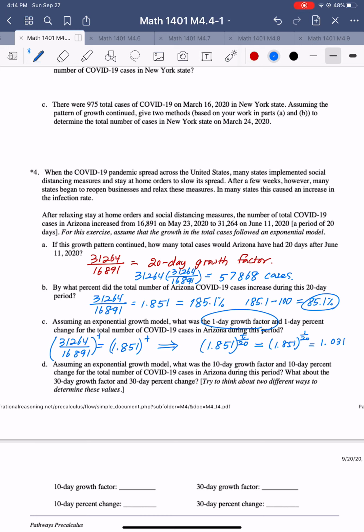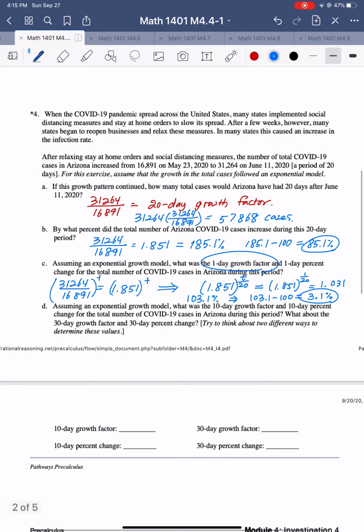So 1.031 is 103.1%, which means 103.1 subtract 100, you get a 3.1% increase each day.